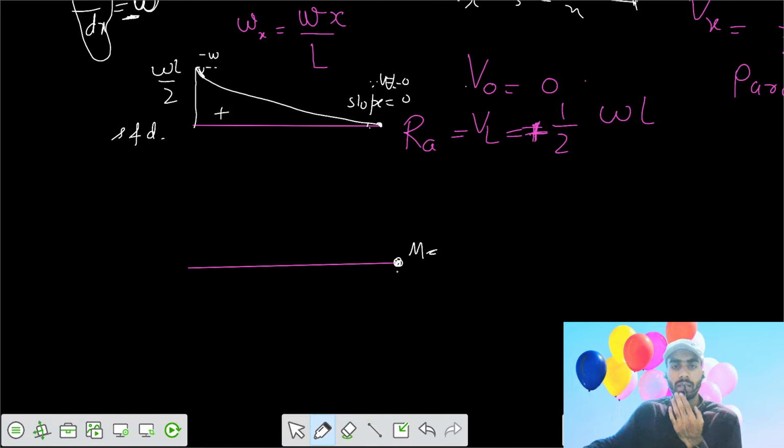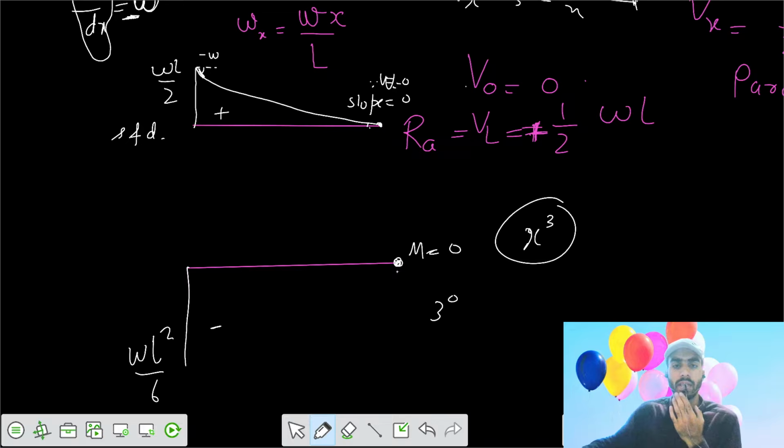Here the moment is 0, and here the moment is WL squared by 6, negative. You need to connect the 2 points by an x cube variation; the degree is 3. For shear force the degree was 2, parabolic, but here the variation is cubic. But the question is, how should we connect them, either this way or this way?